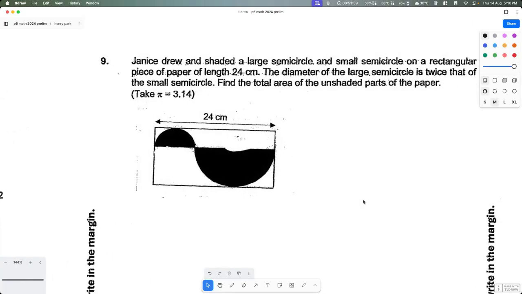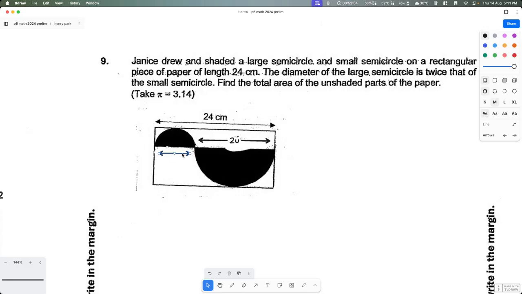Question 9. Janice drew and shaded a large semicircle and a small semicircle on a rectangular piece of paper of length 24 centimeters. The diameter of the large semicircle is twice that of the small semicircle. Find the total shaded area. So that means this over here is 2 units and this here is 1 unit.